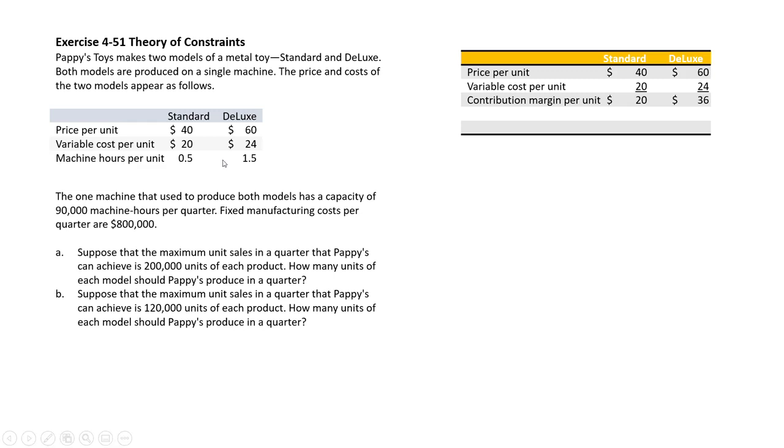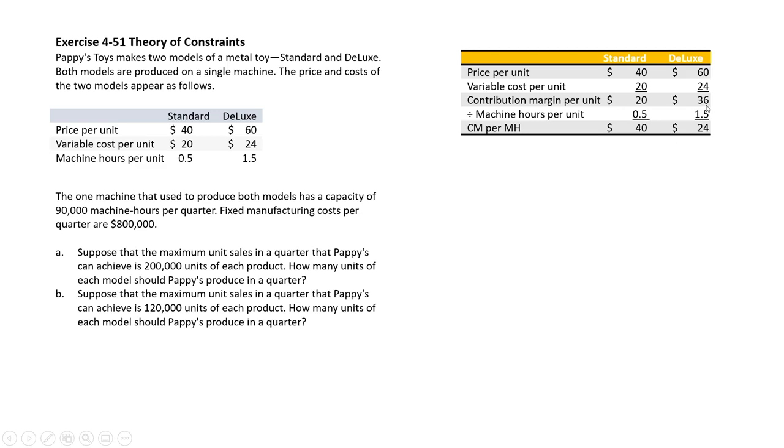So we need to factor that in by dividing our contribution margin per unit by the amount of the constrained resource. For standard, $20 in contribution margin per unit divided by 0.5, or half an hour of machine hours, means every single machine hour produces $40 of contribution margin for standard.